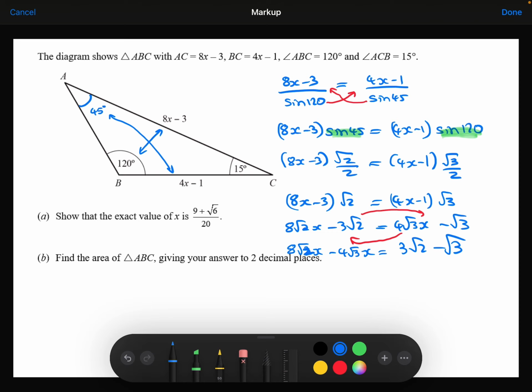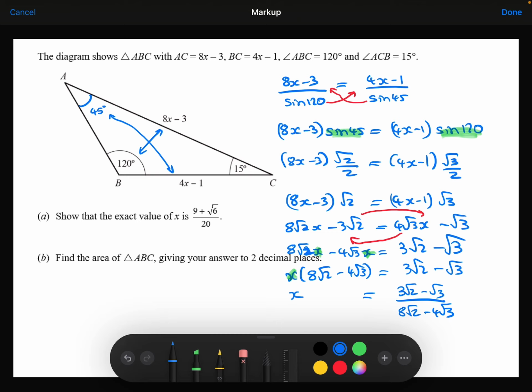I'm then going to factorise the x outside, so the x from here and here is now here. So inside the brackets, I've got 8 root 2 minus 4 root 3. I'm then going to divide both sides by that bracket to make x the subject.